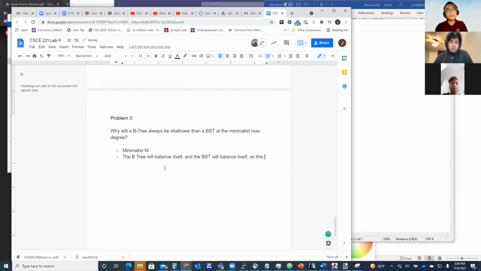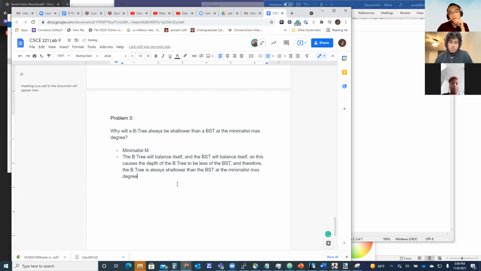So this causes the depth of the B tree to be less than the BST, and therefore the B tree is always shallower than the BST at the minimalist max degree.